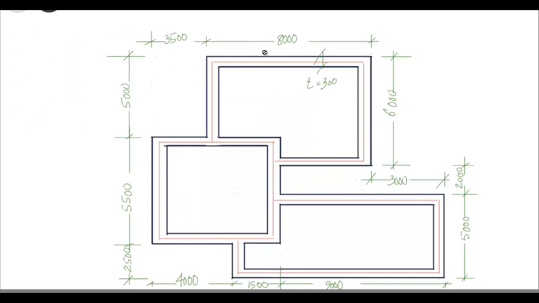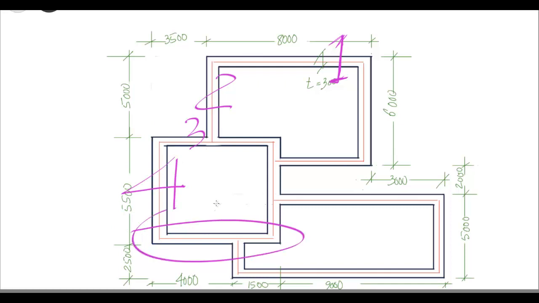We'll take this piece, which is the 8 meters on its own, and call it the first piece. This part we'll call the second piece, this part the third piece, this part the fourth piece, and this part is 5.